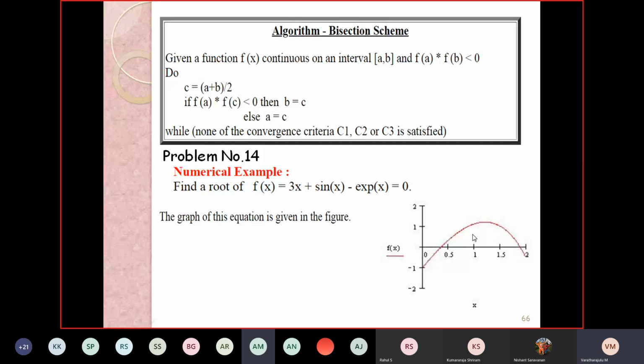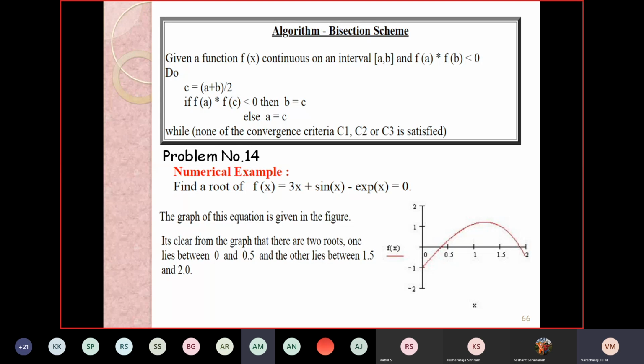Therefore, for all the problems, assume your a is equal to 0 and your b is equal to 1. In this problem, two roots lie: one between 0 and 0.5, and the other between 1.5 and 2.